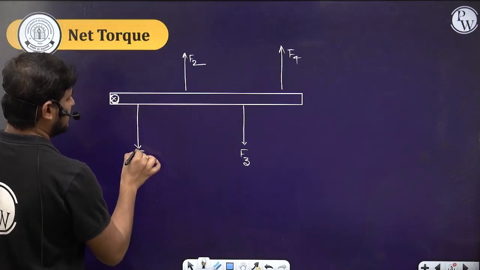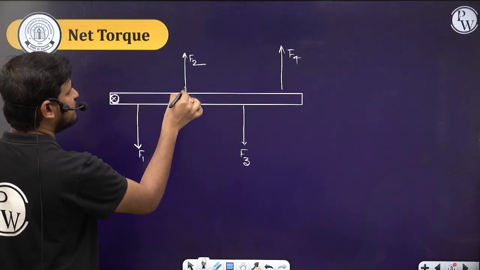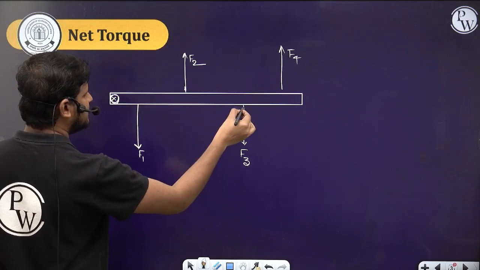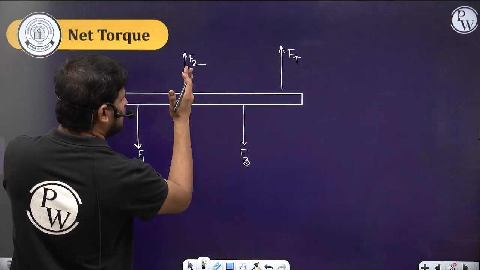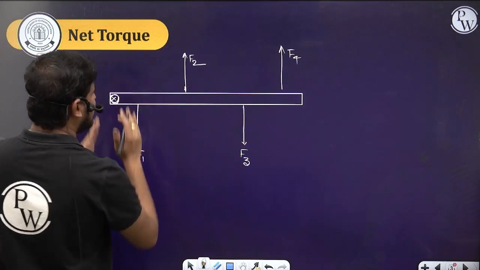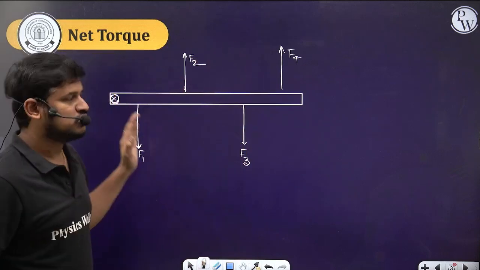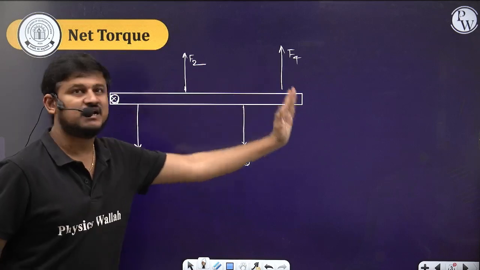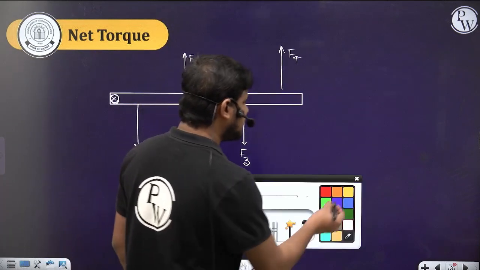Now the torque will be there due to the force F1, due to the force F2, due to the force F3: F3 into its perpendicular distance, F2 into its perpendicular distance, F1 into its perpendicular distance, and torque will be there due to F4 also, F4 into its perpendicular distance. Yes or no? So then what is the net torque, sir?